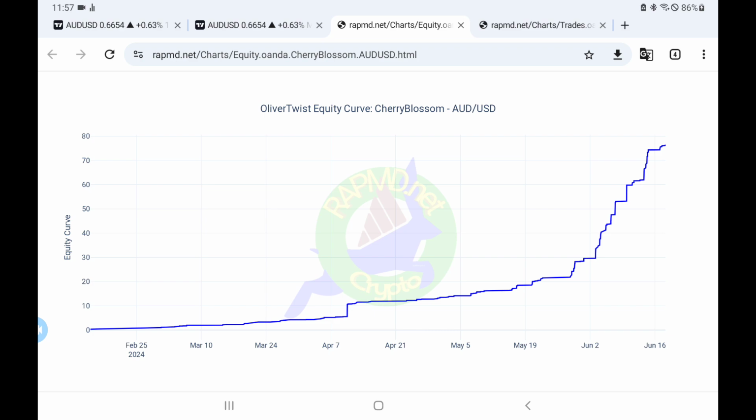Let's start with the equity curve of the account currently, where you can see where I started the account with a zero balance profit, and then over time it grew. Now you can see where I started adding layers, and those layers started to build on top of each other.